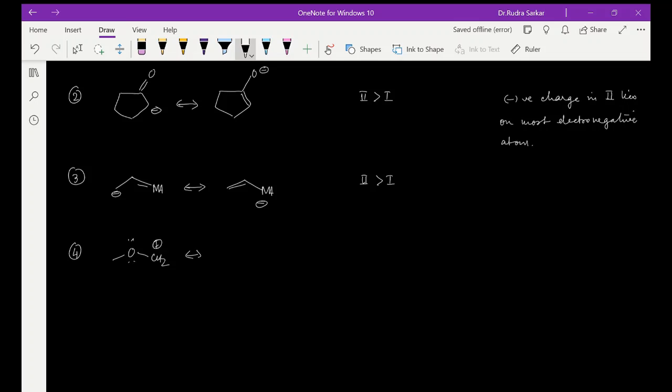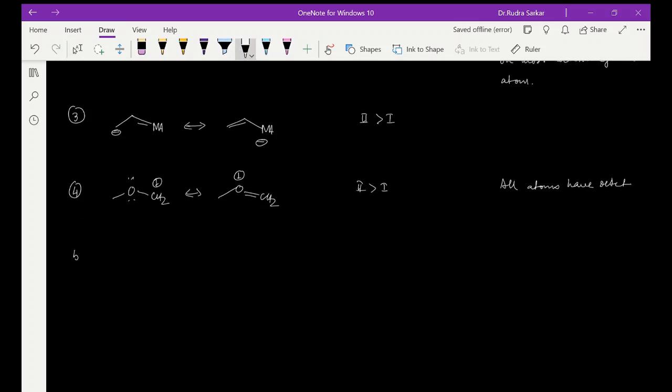In this case, 2 is more stable than 1 because all atoms have an octet.